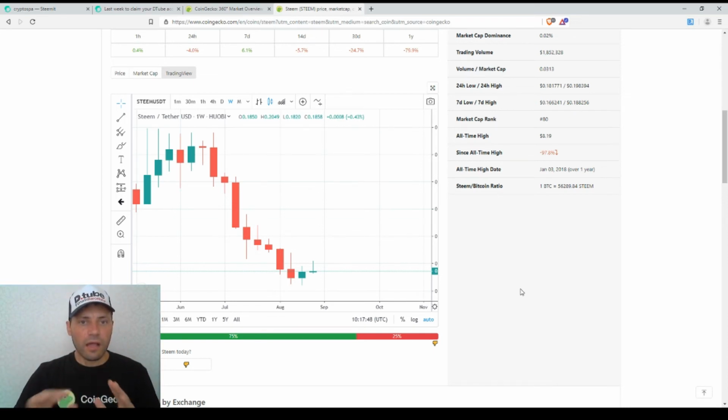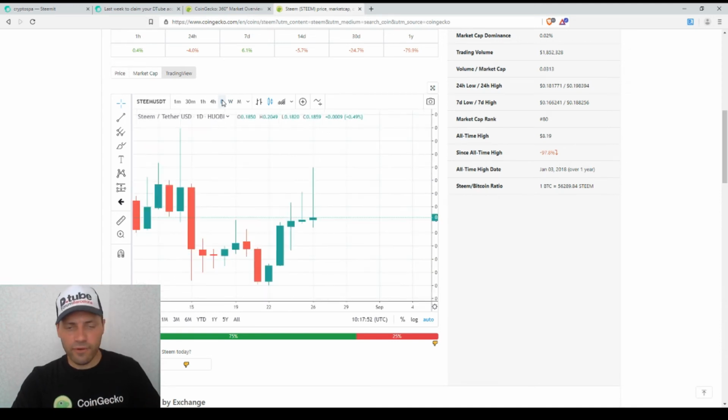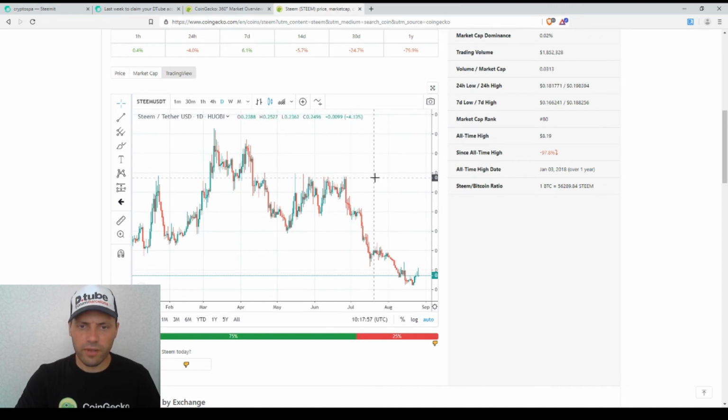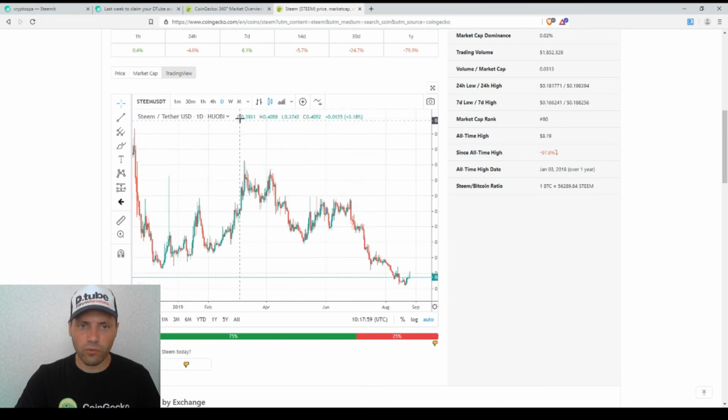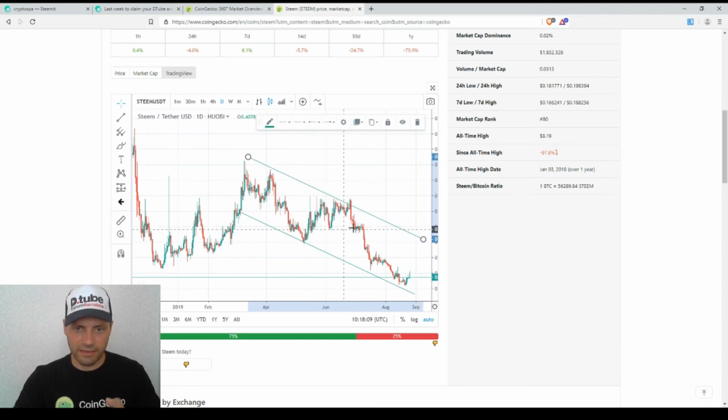So if we switch to the 1 day time frame or even to a shorter time frame, it's almost the same, if we look at the price chart on a 1 day time frame and on a 4 hours time frame. Just a short reminder that we're in some kind of descending channel. So these are the parallel lines, and we were very close to this lower bound or lower line.